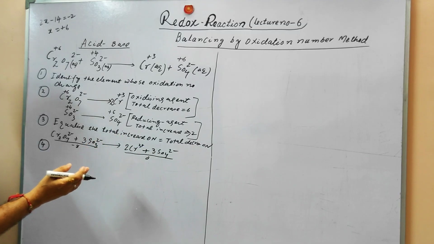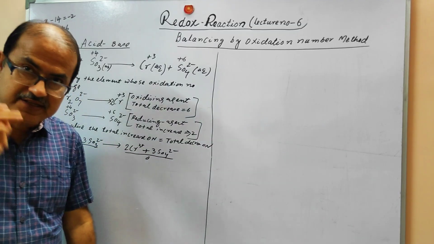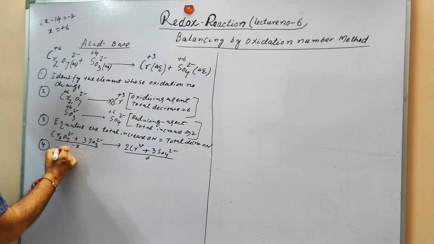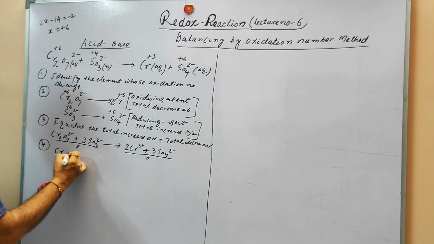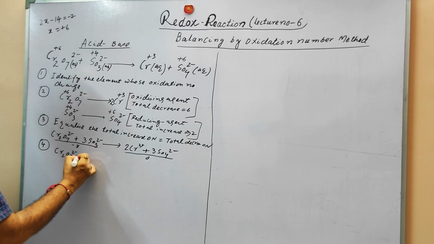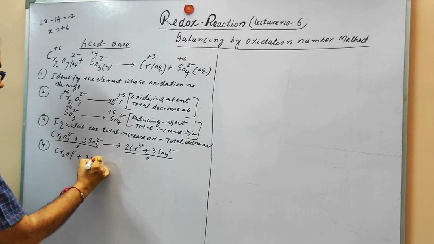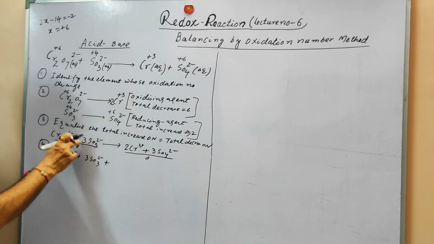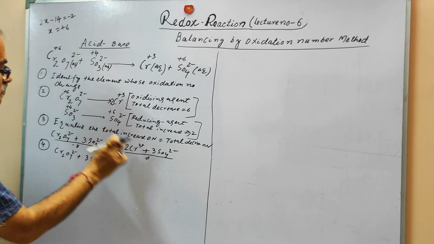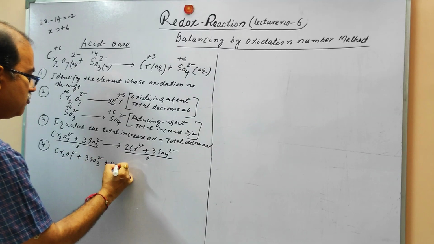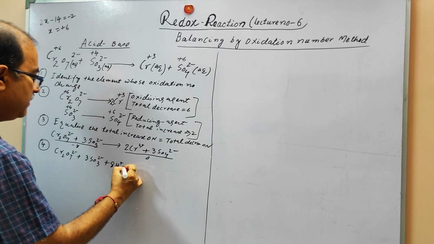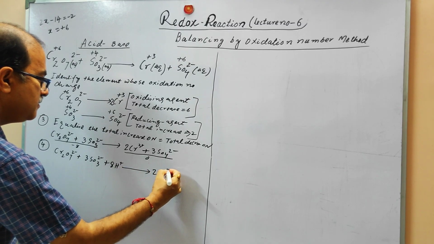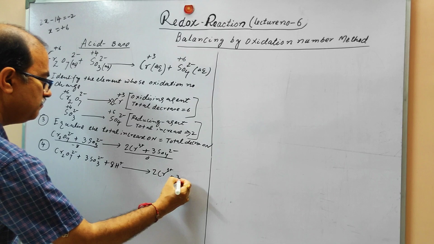So there is a charge difference, and as it is in the acid medium, we will equalize the charge by putting H plus ions. How? The total is -8, you have to make it 0. For that you have to put 8 H plus ions on the left hand side, and then you can see the charge will be the same.